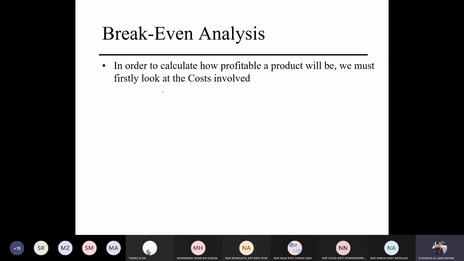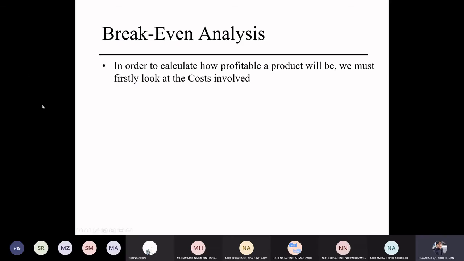First you need to look into the costs involved, such as the cost of raw material. We learned in the production function what the labor cost is. So you have to count everything. Once you know the output price, you can then fix the cost, how much the actual cost is.